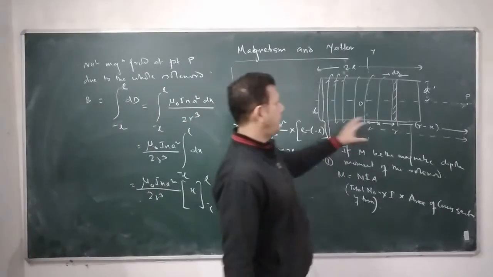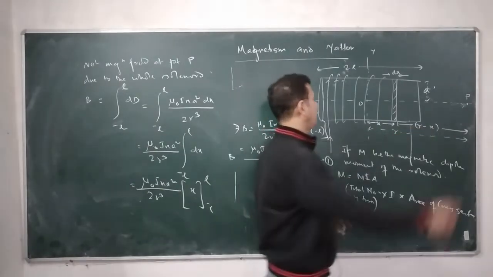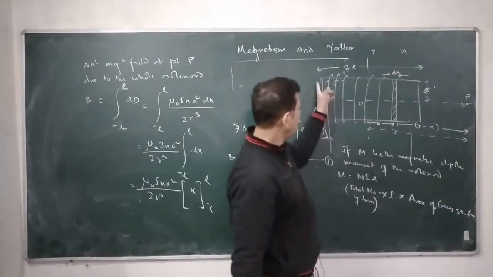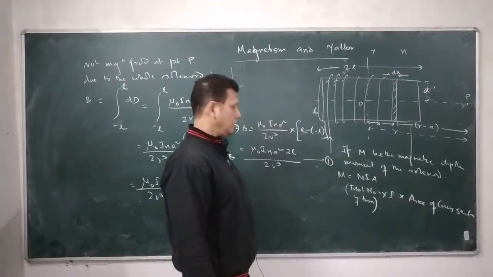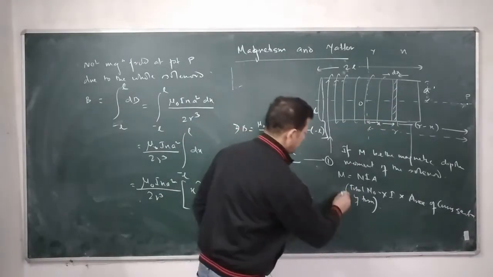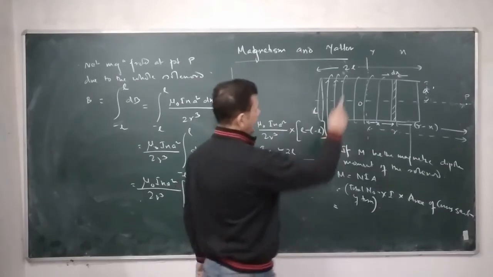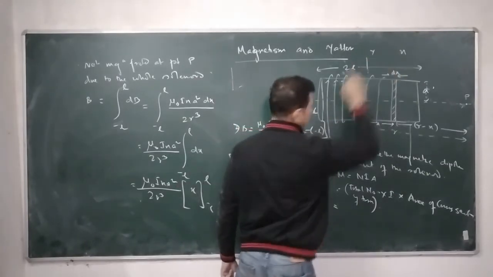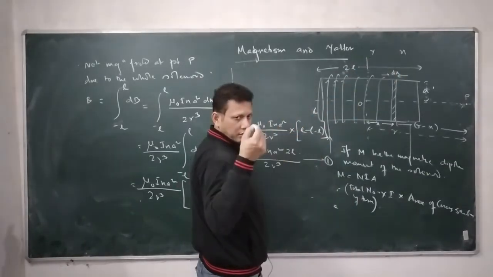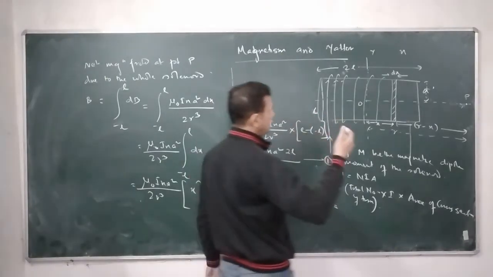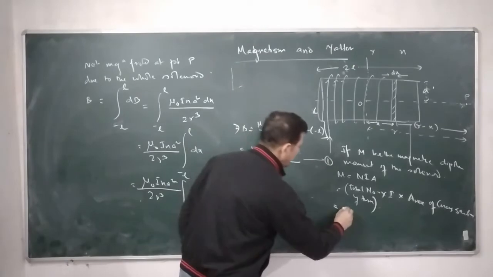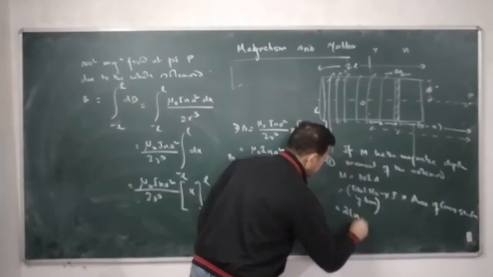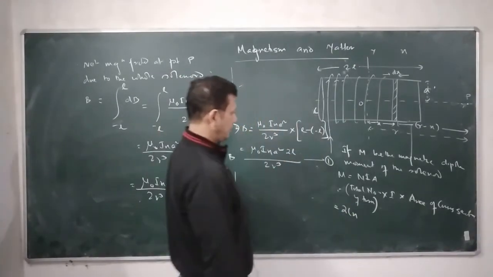The number of turns per unit length is n, and the total length of the solenoid is 2L. So the total number of turns will be 2L into n. For 1 centimeter length, the number of turns is n, so for 2L centimeter length the total number of turns is 2L n.